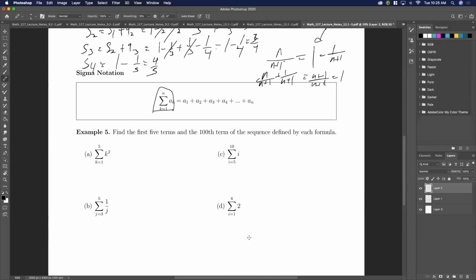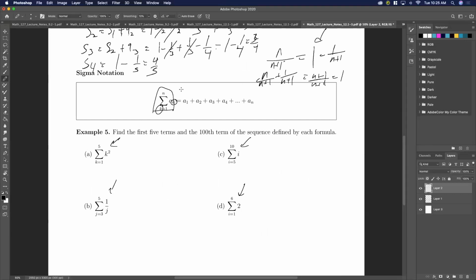All right, let's do sigma notation. This is how it's seen in like 99% of all math. Let me explain what all this means. k equals 1 is your indexing number, how we're indexing it.